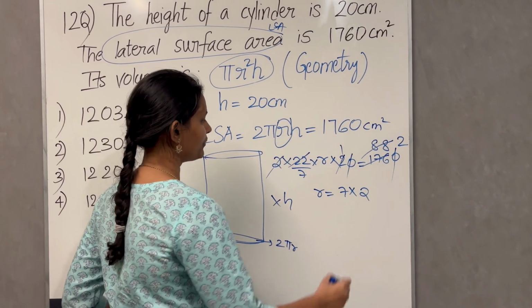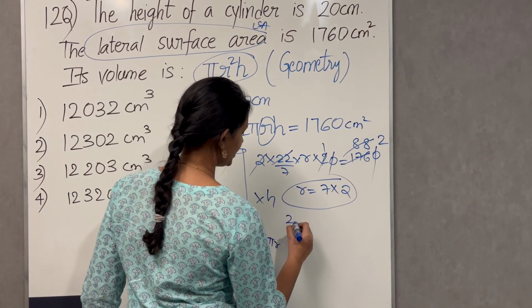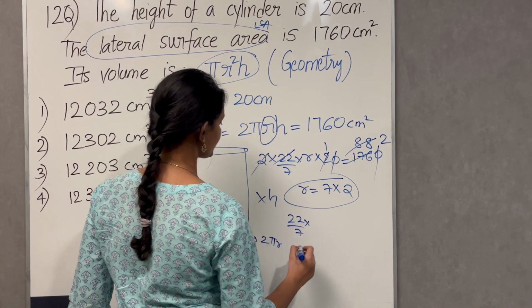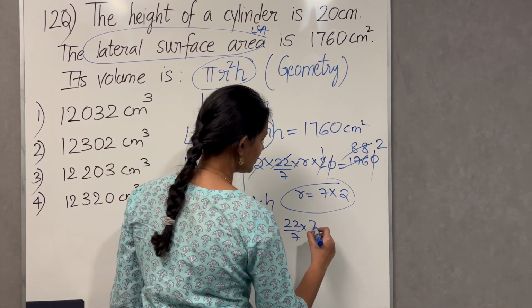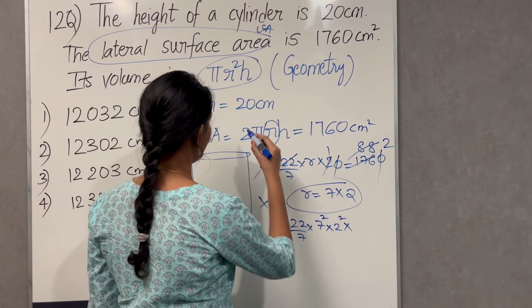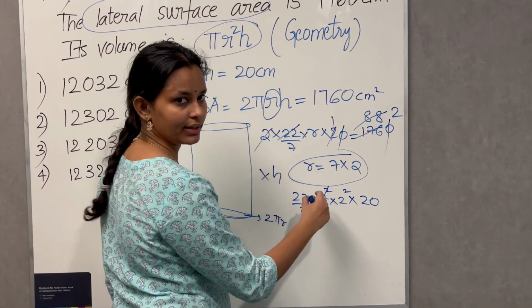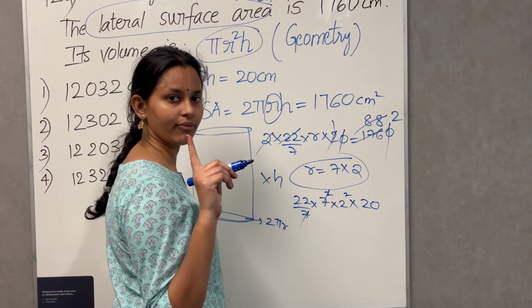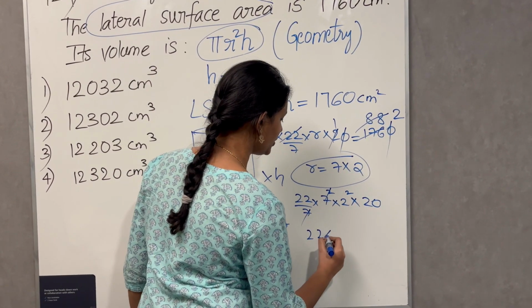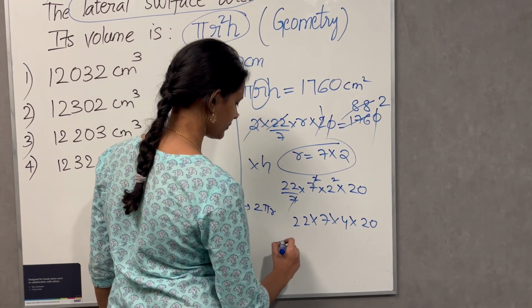Now we got the r value, but we need to find the pi r square h value. That is 22 by 7, r square means 7 square into 2 square, into h. H is 20. Here one 7 will get cancelled. We are left with one 7. 22 into 7 into 4 into 20.